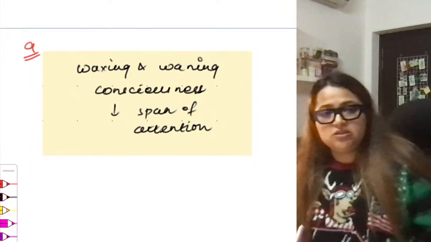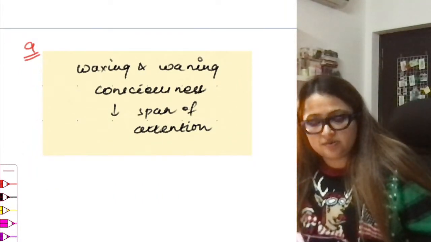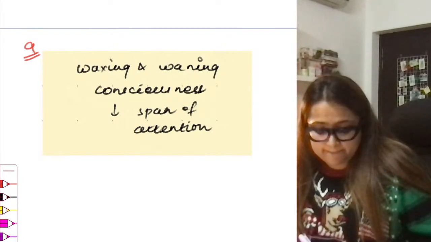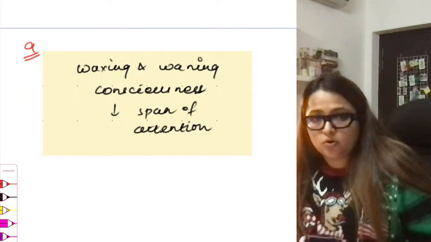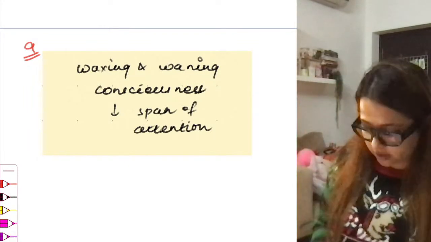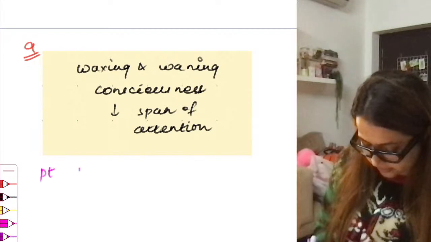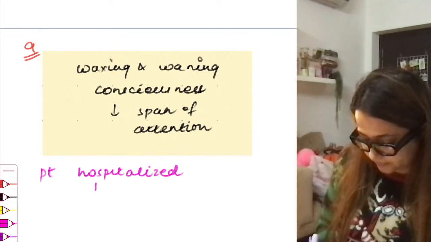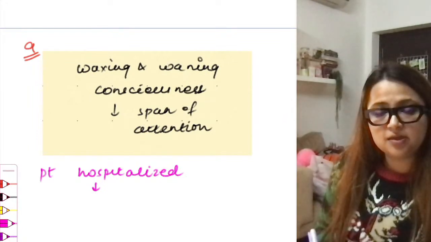Okay. What if the question mentions waxing and waning consciousness and decreased span of attention? Waxing and waning consciousness means, supposing I give you a history here, patient is hospitalized. Patient is having waxing and waning consciousness.